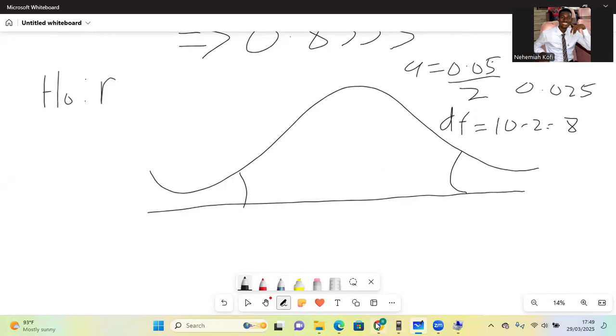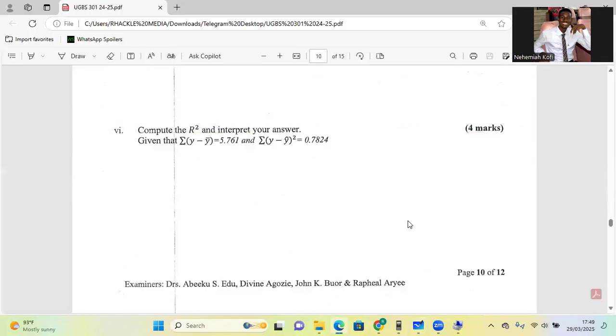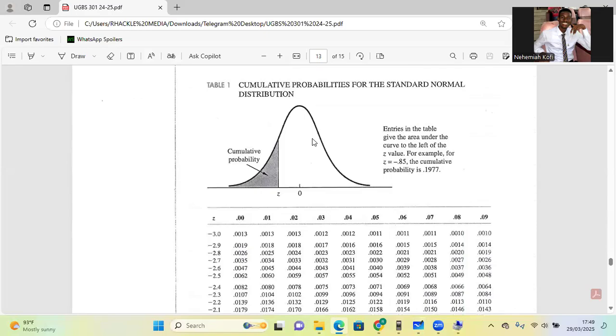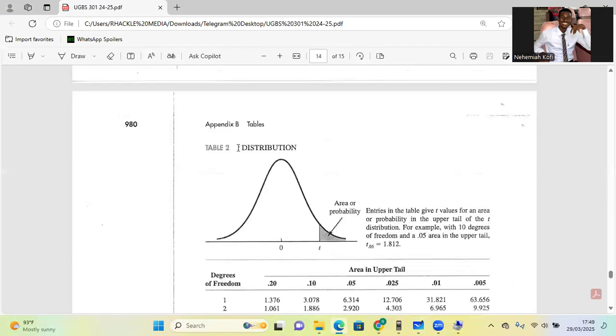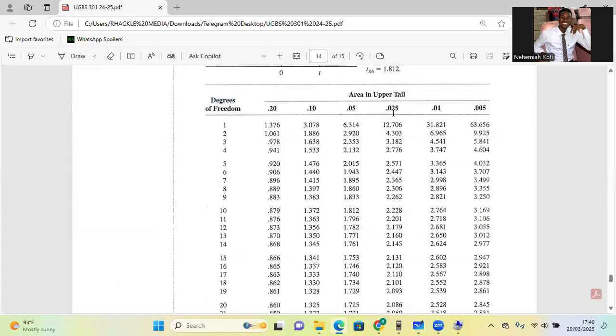So we go to our T table, then 0.025 and 8. So this is what we get: 2.306.